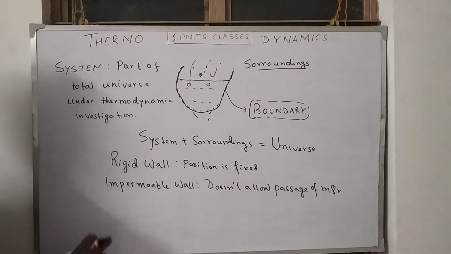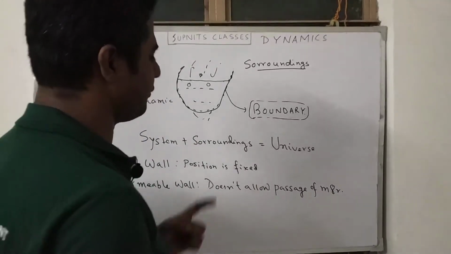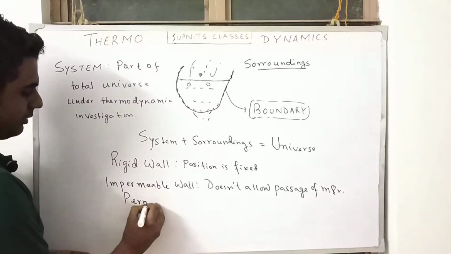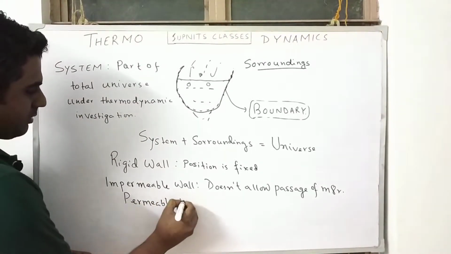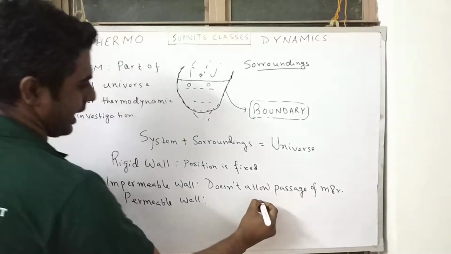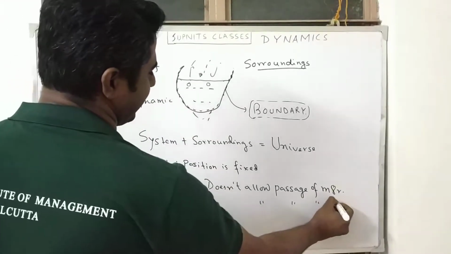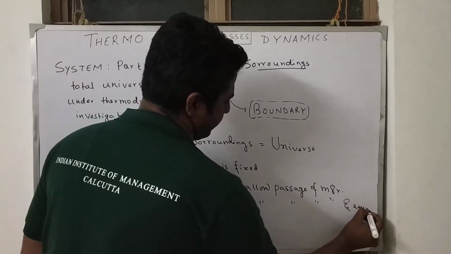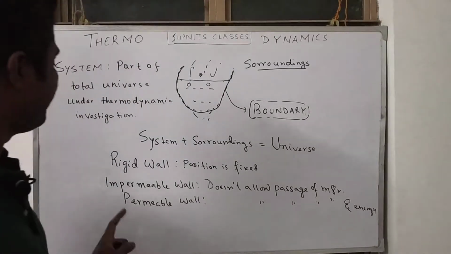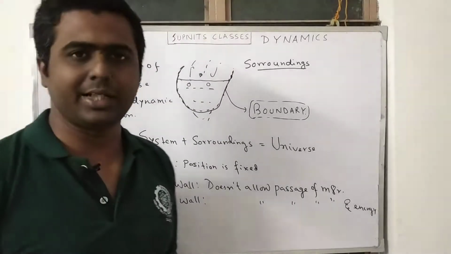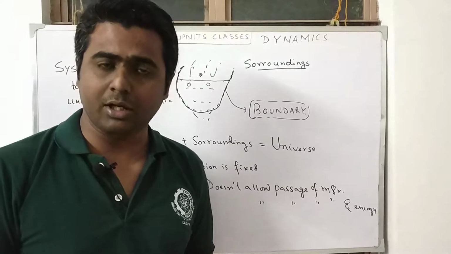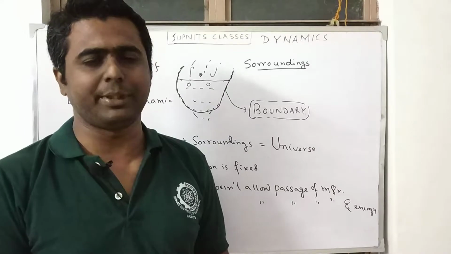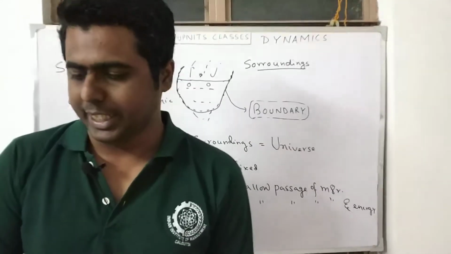What is a permeable wall? It allows passage of matter and energy. Permeable wall will allow passage of matter and energy. Impermeable wall will not allow passage of matter, but that doesn't mean that it will not allow passage of energy.